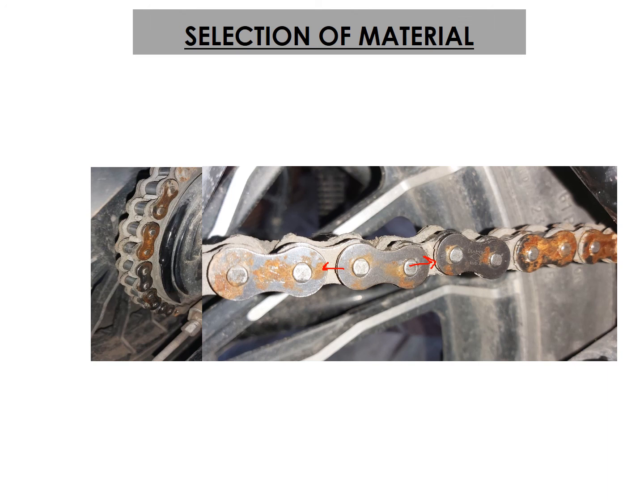But let's imagine if it had been made of brittle material, what would have happened? All of a sudden, it will fail, and an accident may take place. So you can see the selection of material for an application plays a great role. That's why the designer, for ensuring safety, should be well versed with the subject strength of materials.